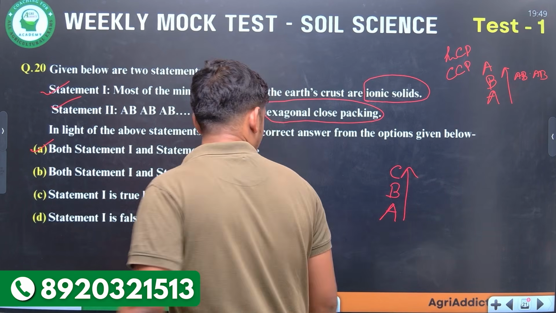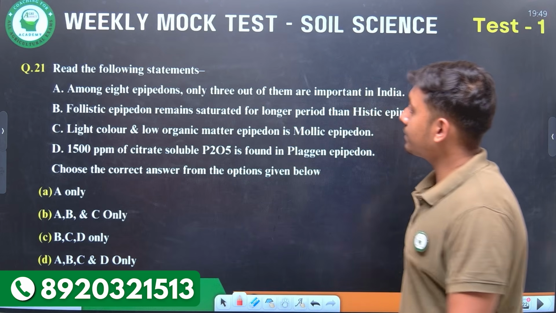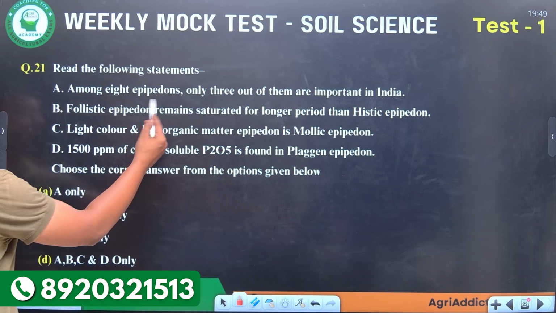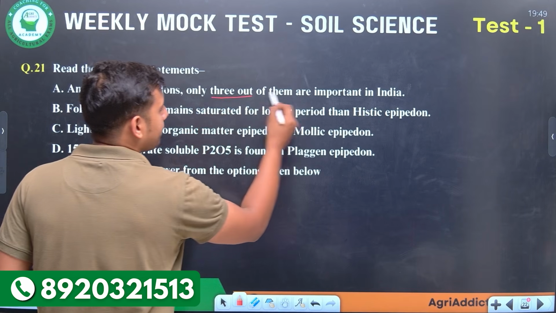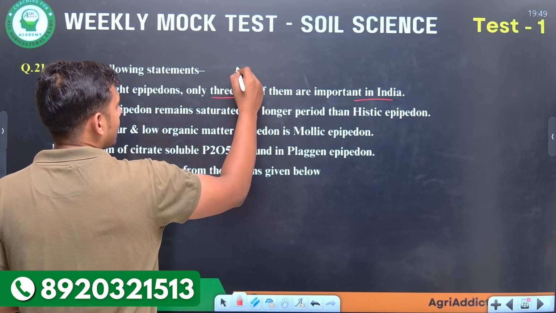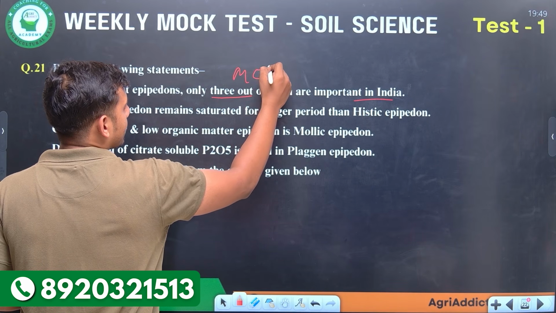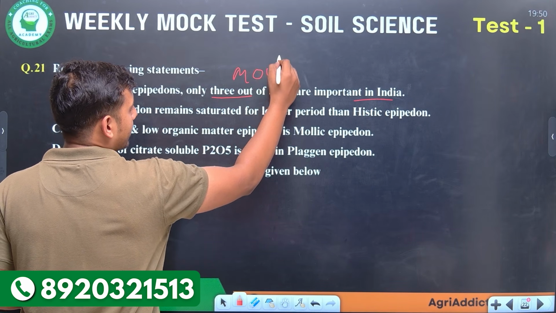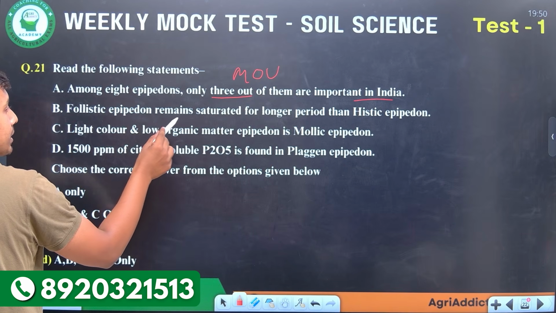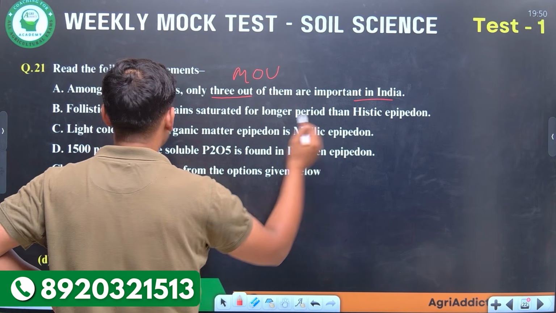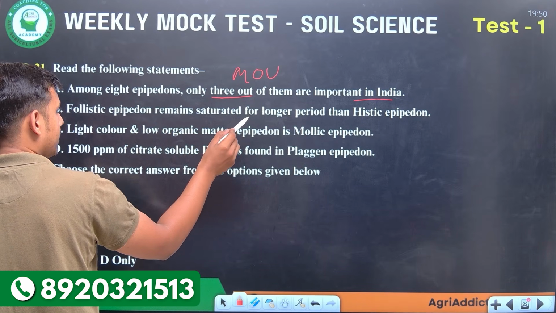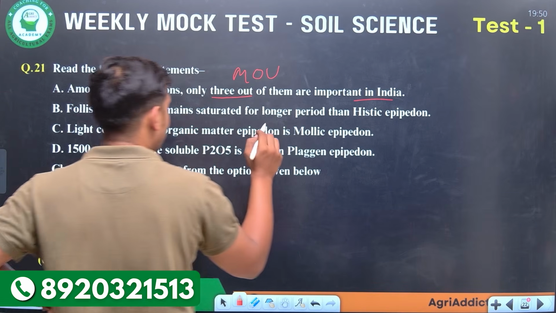Okay. Now next, read the following statements again. Among the 8 epipedons, only 3 of them are important in India. Okay, it's right. We know the Mollic, Ochric and Umbric. Then, holistic epipedons remain saturated for longer period than histic. No, it is not like that.